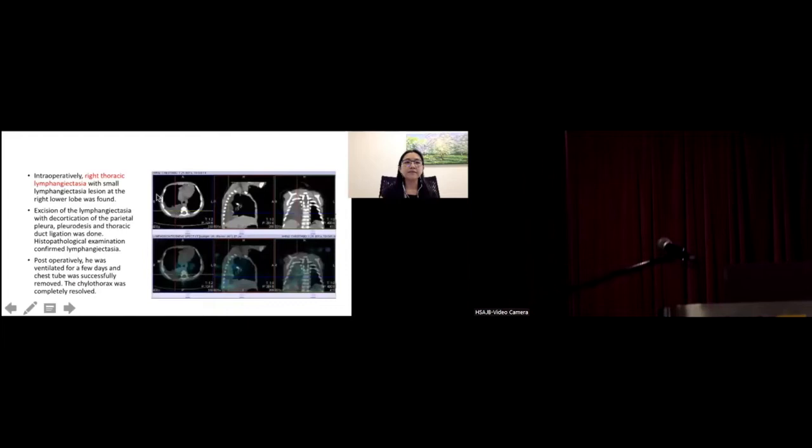Intraoperatively, the surgeon found a right thoracic lymphangiectasia, a small lymphangiectasia lesion at the right lower lobe. Excision of the lymphangiectasia with decortication of the parietal pleura and thoracic duct ligation was done, and it confirmed lymphangiectasia. Post-op, the patient was ventilated for a few days and the chest tube was successfully removed, and the chylothorax completely resolved.